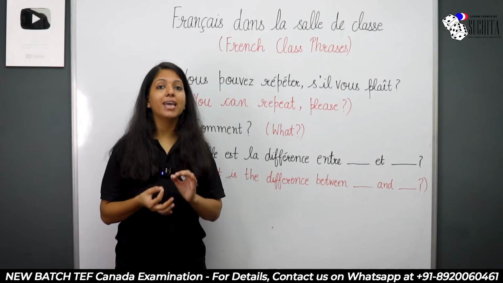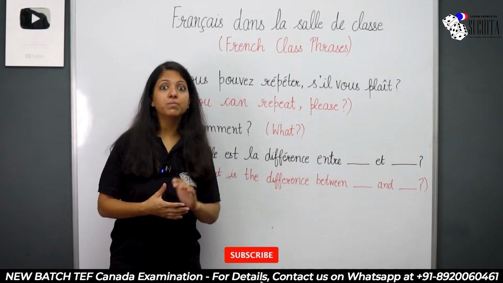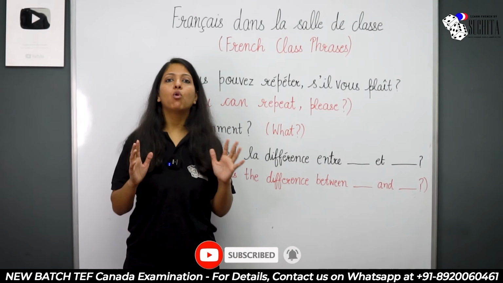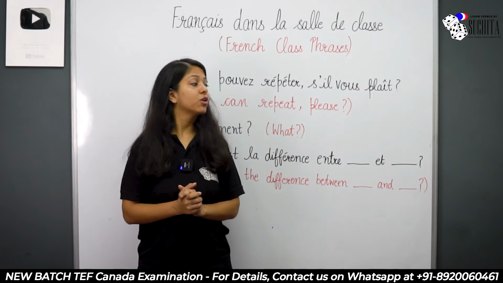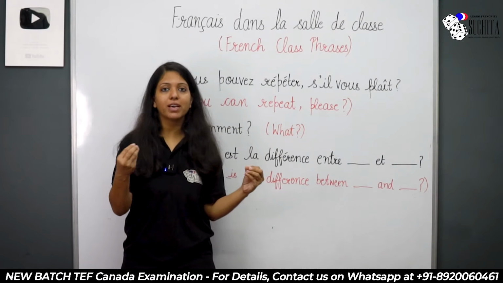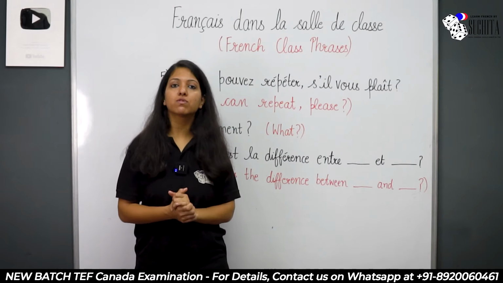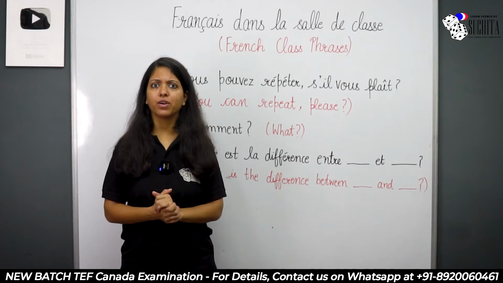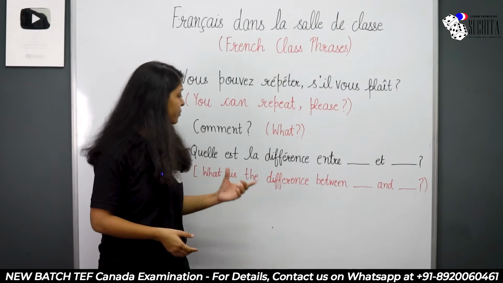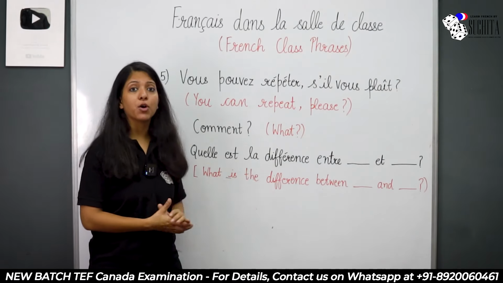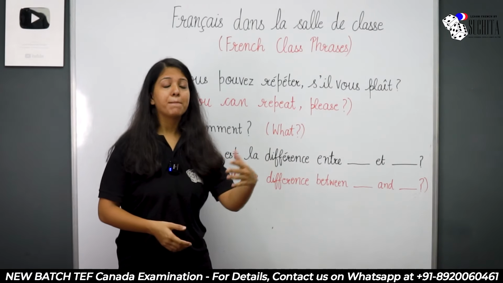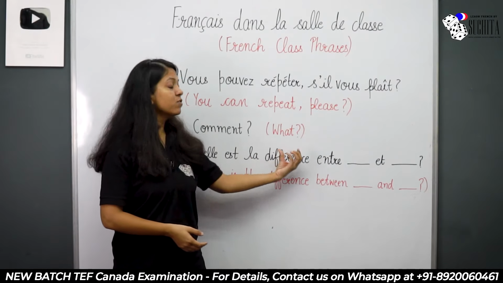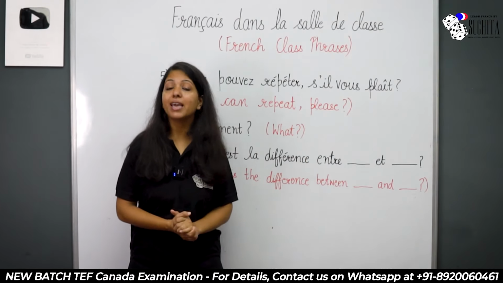Let's say there are two tenses in French which are often confused: passé composé and imparfait. And let's say you want to ask your professor, what is the difference between passé composé and imparfait? You would say, quelle est la différence entre le passé composé et l'imparfait?